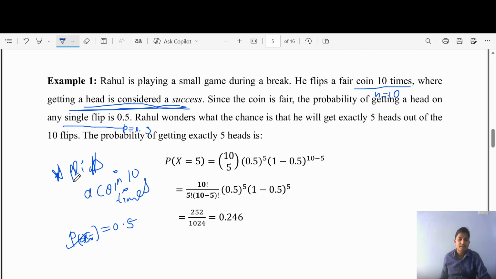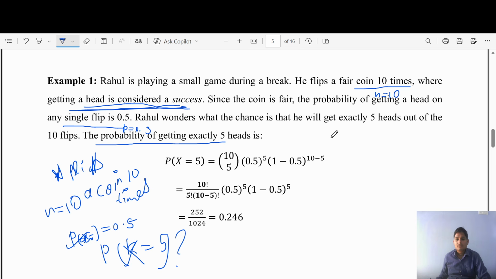So P is given, N is equal to 10 is given, and the question asks for the probability of getting exactly 5 heads, meaning K is equal to 5. You evaluate P(X = 5).